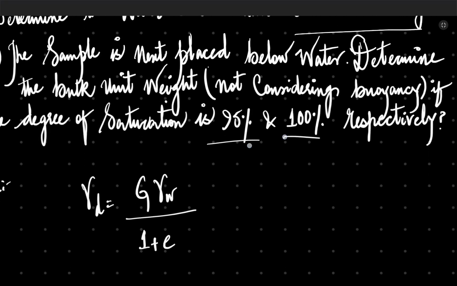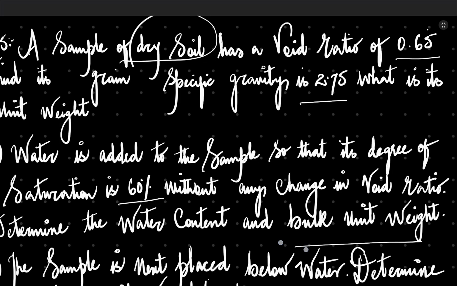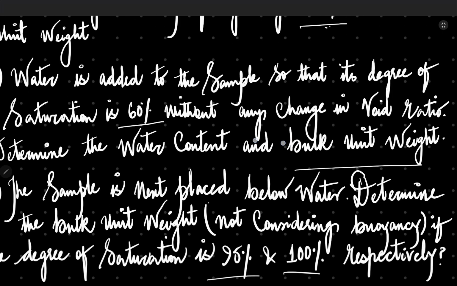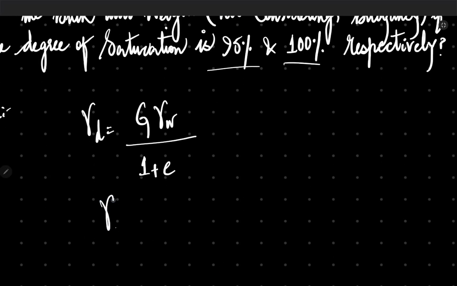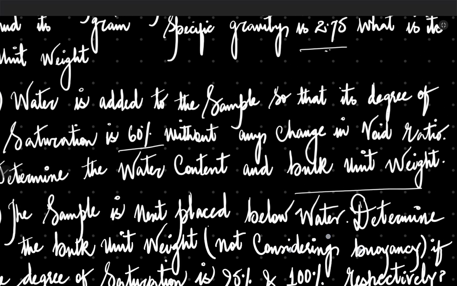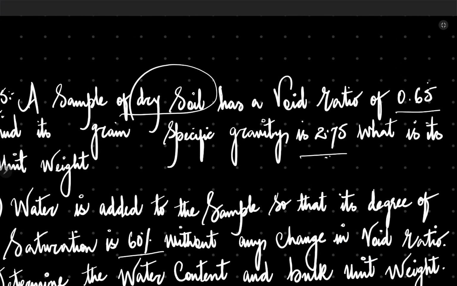All right, so dry unit weight, G is how much? 2.75. Unit weight of water 10 kilonewton per cubic meter. 1 plus e is how much? e is void ratio 0.65.